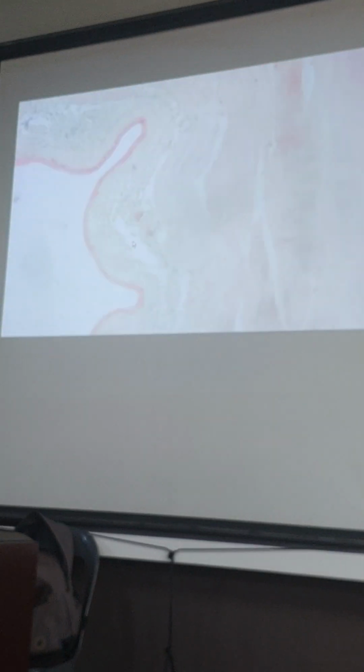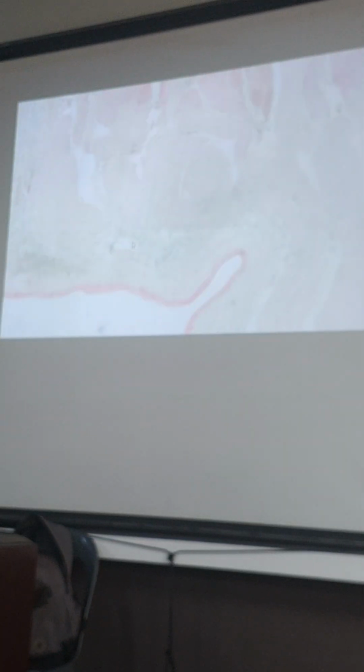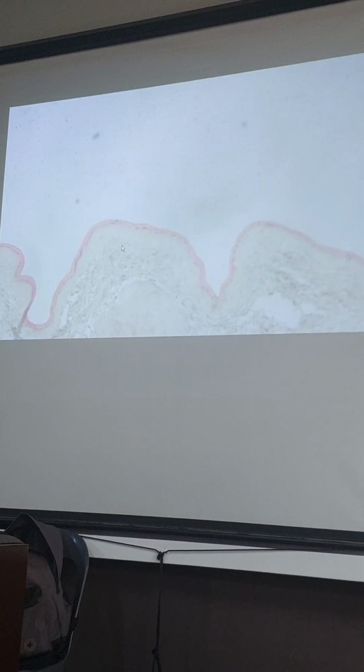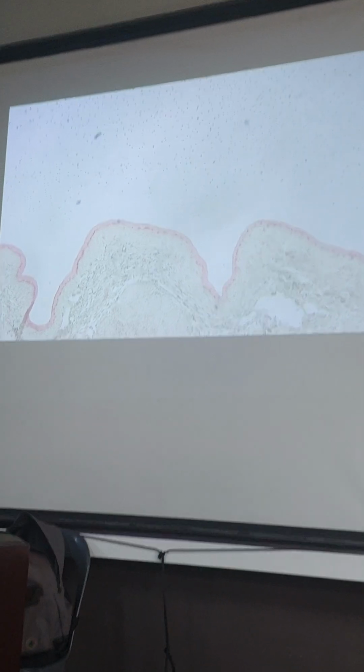Then for the last structure, upside down. The staining again is not quite ideal, but let's look at the epithelium. Notice it has this prominent stripe on the surface of the epithelium. You know what this stripe is?